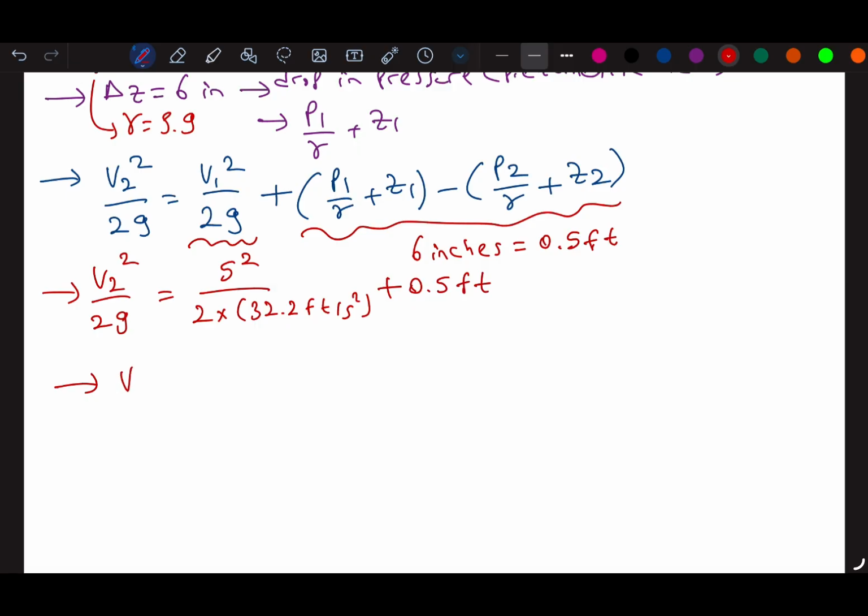So V2 will be equal to 7.56 feet per second.